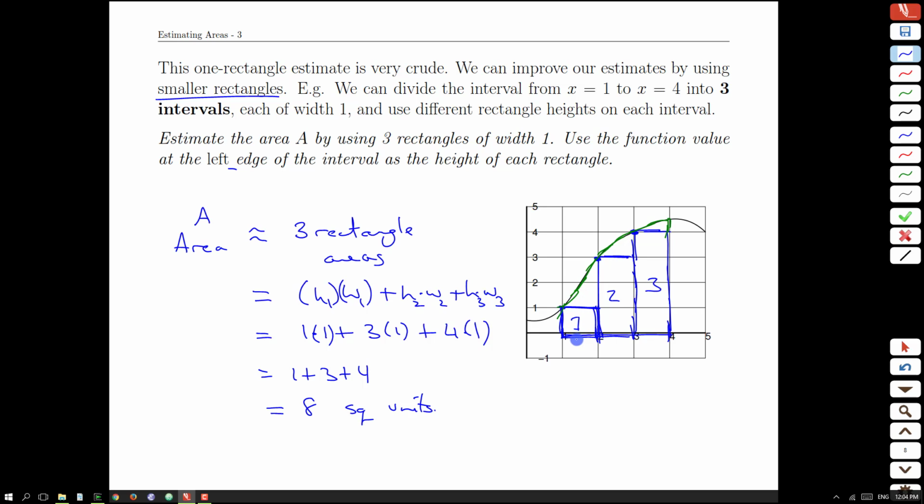Hey, what if we increase the resolution, if you think of graphics, by using smaller and smaller rectangles? We could see already that if we used half the intervals, we would be able to fill in some of the space that we're missing underneath this graph and get an even better estimate. So that strategy is how we're going to move from these very crude estimates to more and more accurate estimates, and eventually to exact areas under curves.